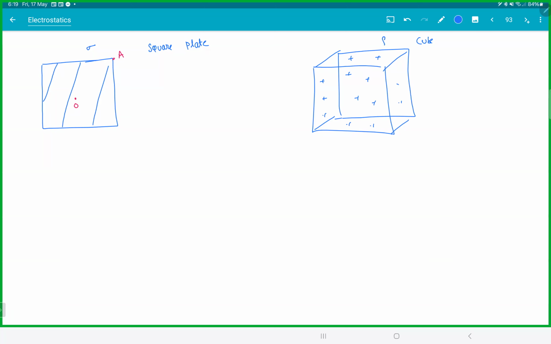Uniformly charged. Now that using that integration, right, it actually becomes more of a maths question. But if I ask you something pure physics question, right, they'll ask you like this. Find VO by VA.